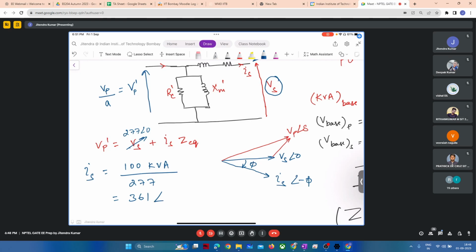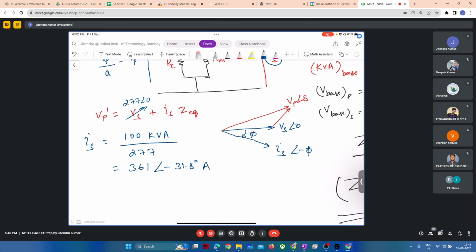We can round it to 361, and we have a certain angle, which is cos inverse 0.85, so that will be 31.8 degrees lagging. You must take care of these angles when you are dealing in terms of phasors. Okay, so now you are done with Is. Now Z equivalent, which we computed in part A, comes out to be 0.011 plus j0.0132.